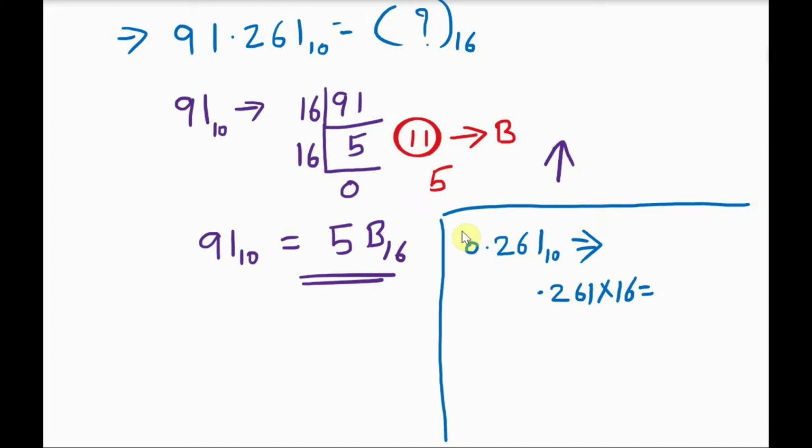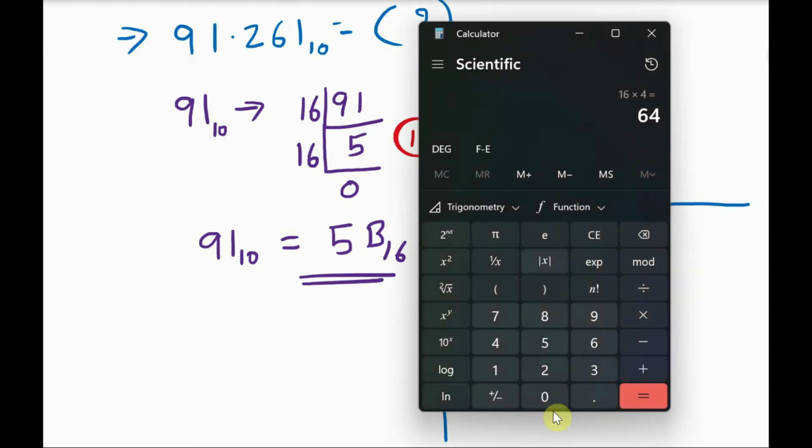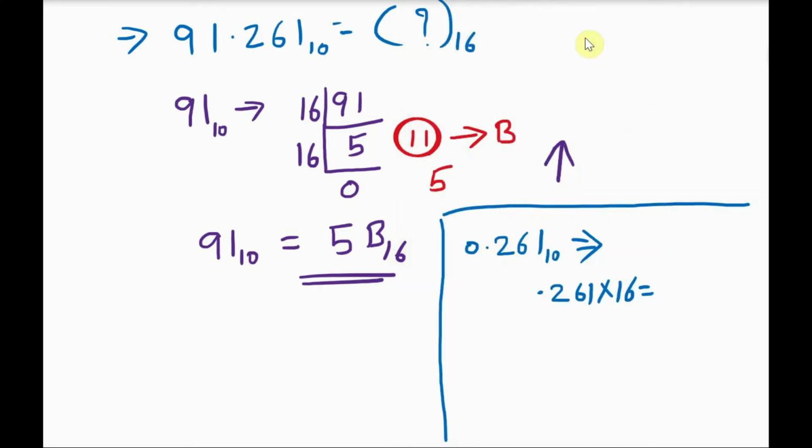We will use the calculator. 0.261 into 16 is 4.176. We have to write down the integer part separately, so we write 4 here.